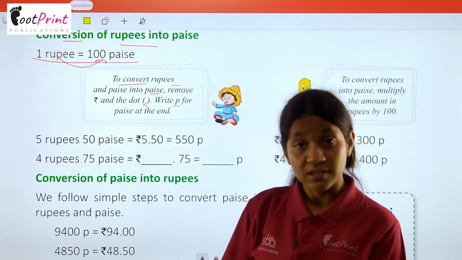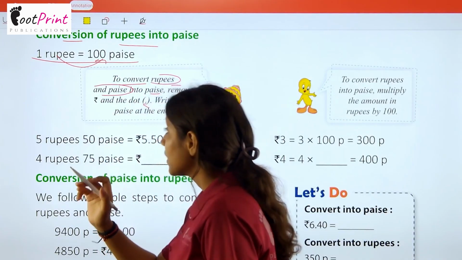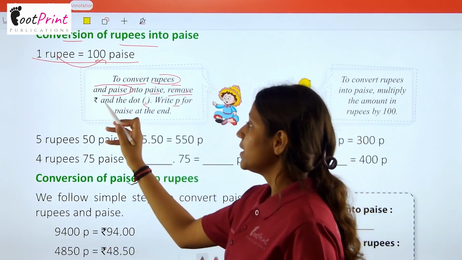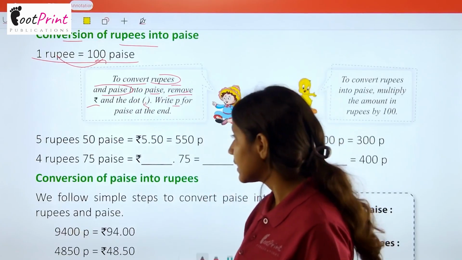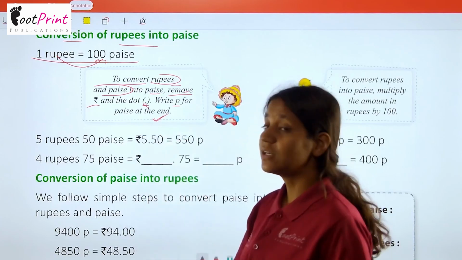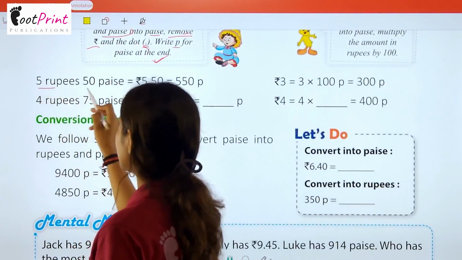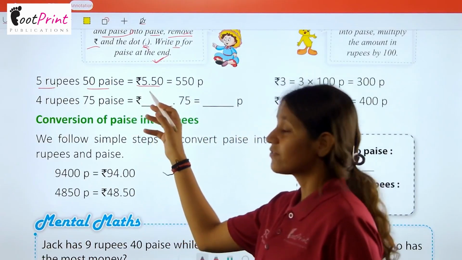So यहाँ पे एक ट्रिक है कि जब भी आपको रुपीस एंड पैसे में कोई वैल्यू दी होगी, आपको उसमें क्या करना है, रुपीस का साइन सिंबल हटाकर, डॉट को भी हटाकर आपको लास्ट में जस्ट P लिख देना है. ओके. For example 5 rupees 50 पैसे, that means rupees 5.50.